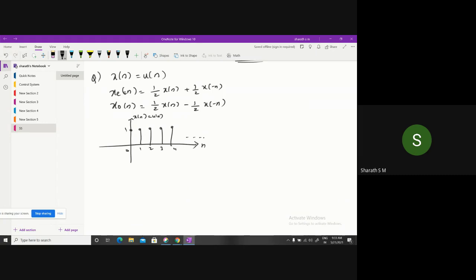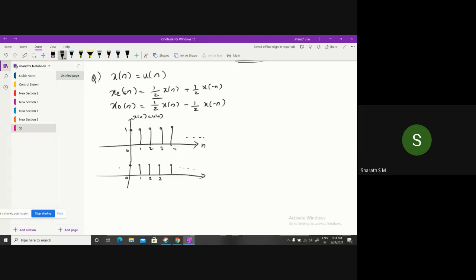So half into x of n: the amplitude becomes 1/2. We divide the whole amplitude level of the signal by 2, so the amplitude level becomes 0.5, over 0, 1, 2, 3, 4 up to infinity.